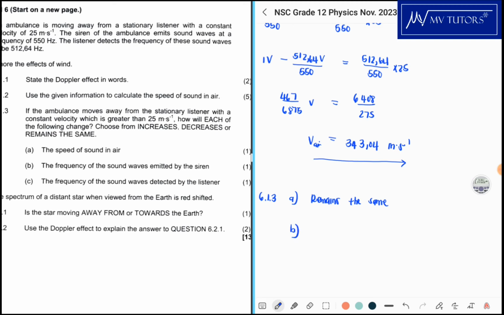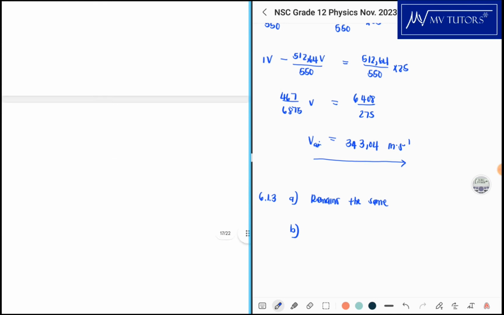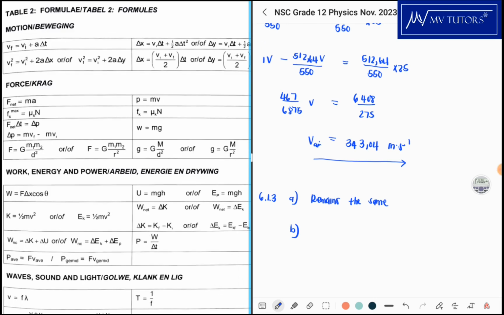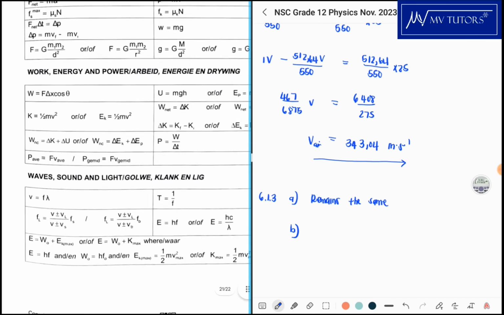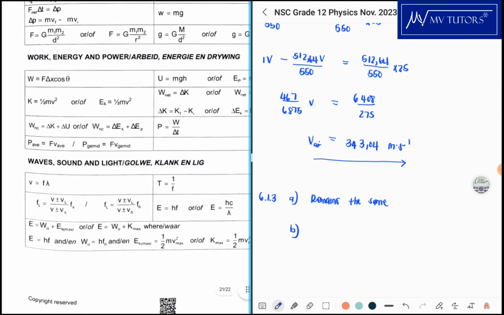Now B, what will happen to the frequency of sound waves emitted by the siren? Sometimes if you're not certain, just remind yourself, what is the formula for frequency? You see that speed is frequency times wavelength, and now frequency would be equal to speed over wavelength.